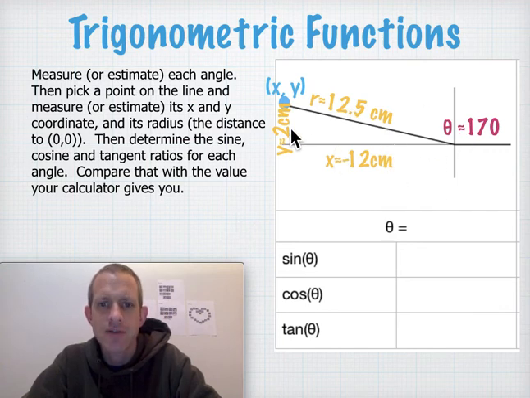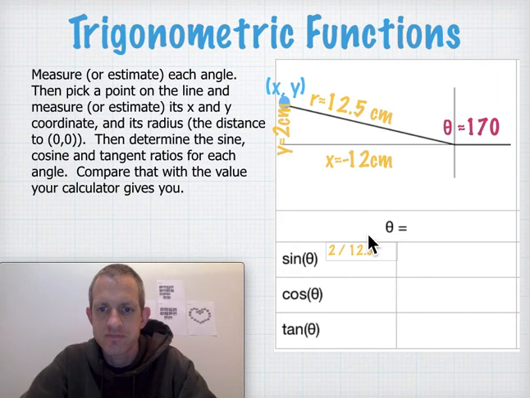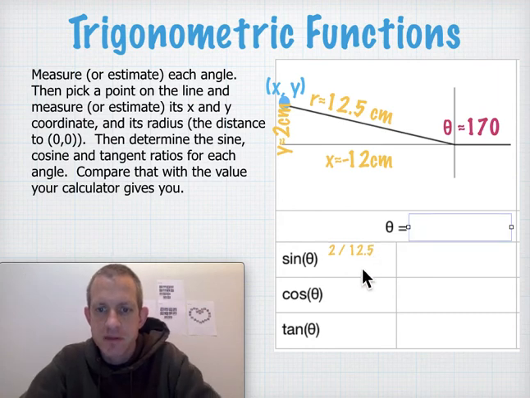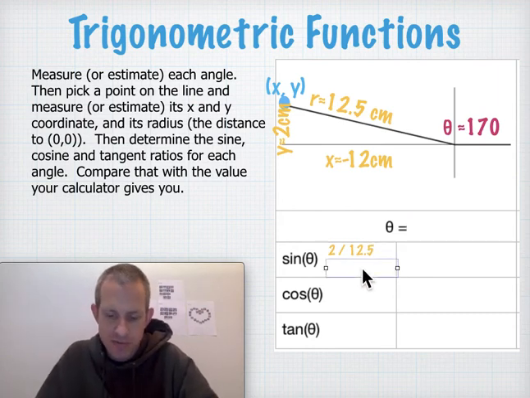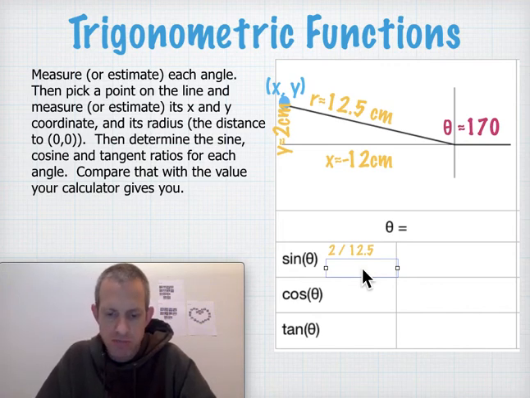And so if I have all those different things, now I can calculate what sine of 170 is. Sine of 170 would be the y coordinate divided by the radius, or it's going to be approximately 2 divided by 12.5. And 2 divided by 12.5, if we type that into our calculator, is about 0.16.